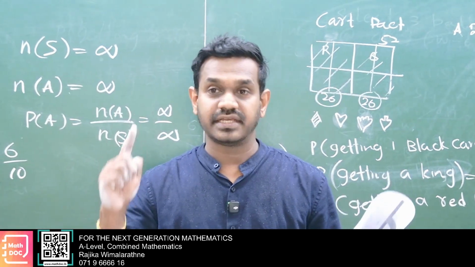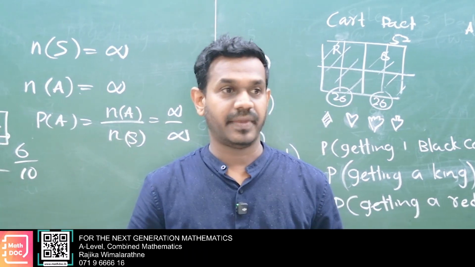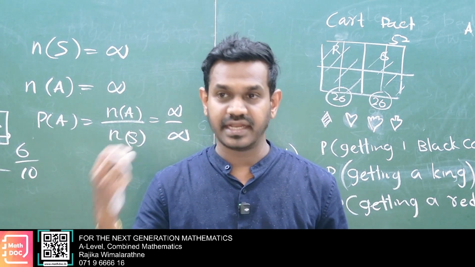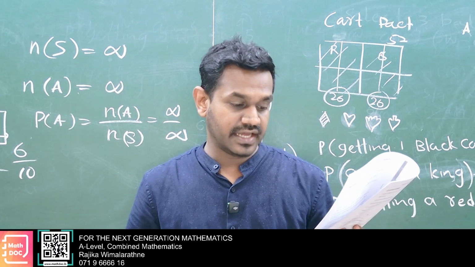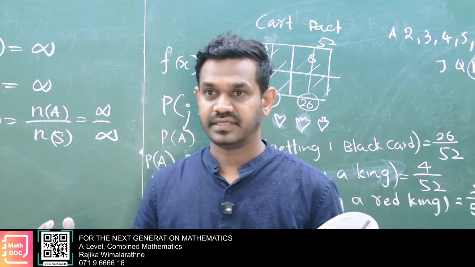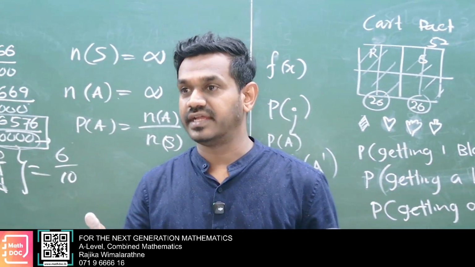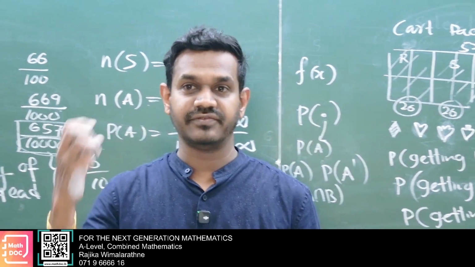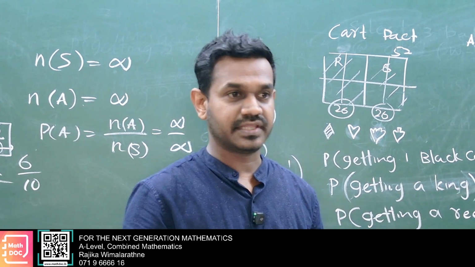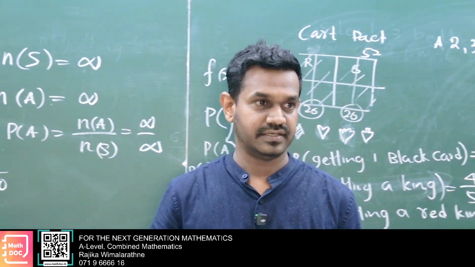So P(S) equals 1. S means something happens, anything happens. The probability of the entire sample space is 1. That means if you toss a coin, something will happen, head or tail. Then the probability is 1.